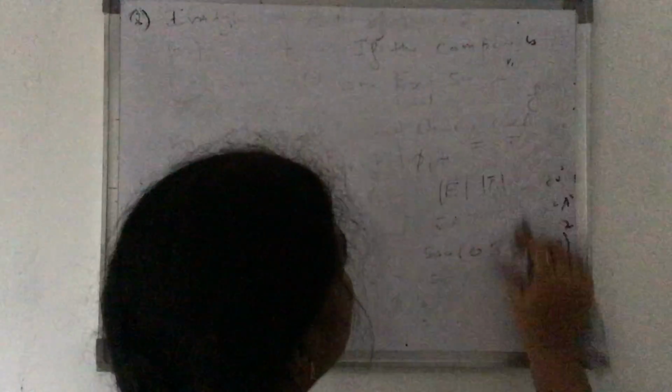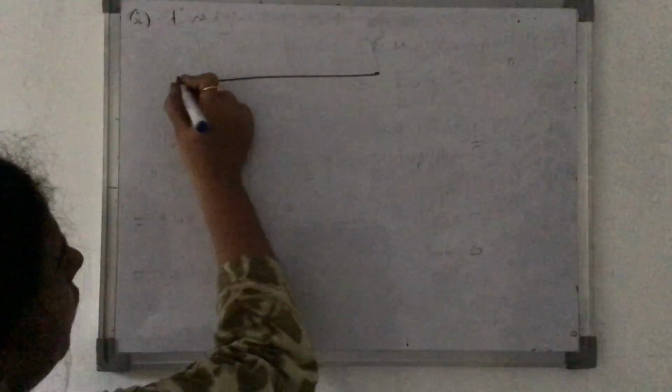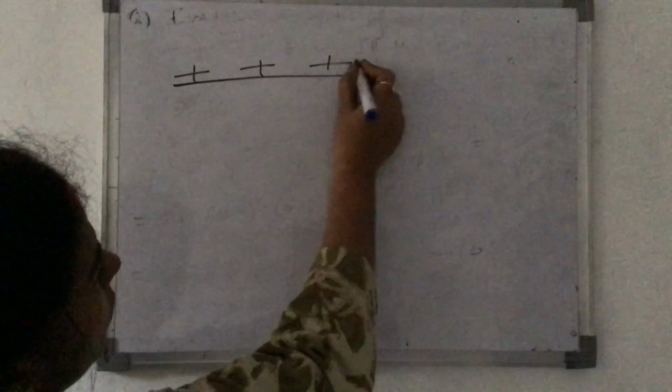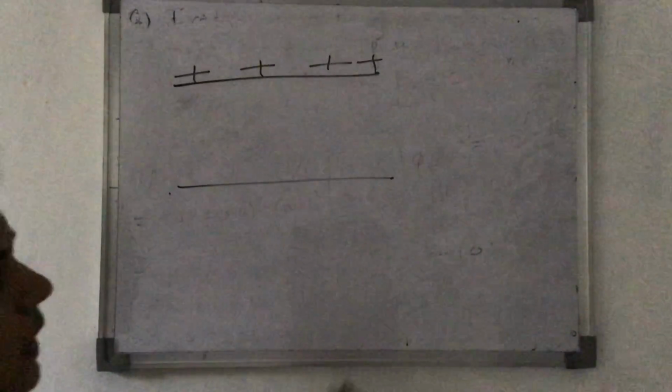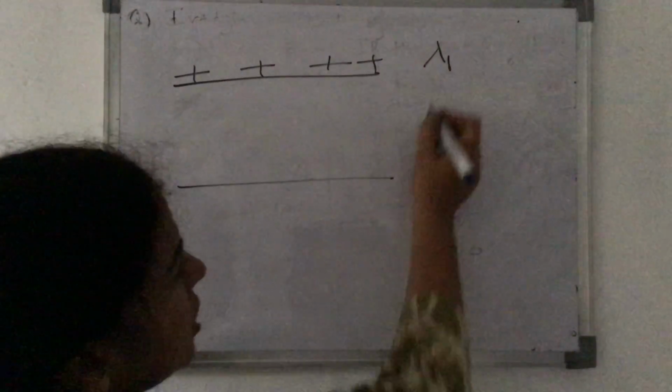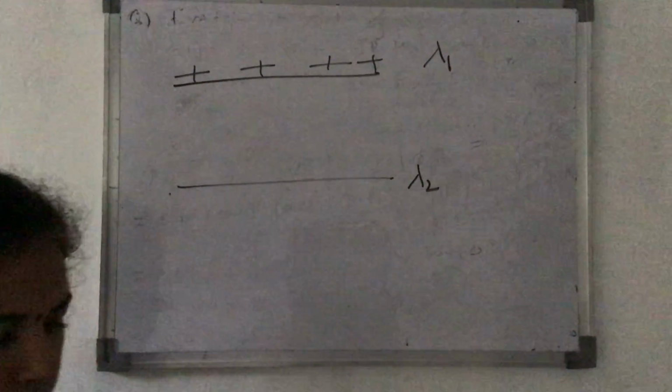Now let's do a few questions related to linear charge distribution. I'm just verbally telling you the question. I have two charged wires with different charge densities λ1 and λ2.